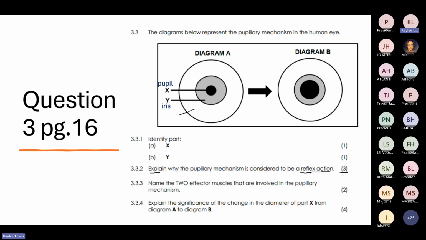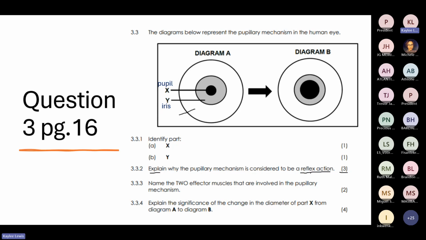So here you need to think, why is it a reflex action? Remember, a reflex action is a quick response to something. So think of you blinking, sneezing, your pupils dilate. And so it's a very fast response. And it's an involuntary response, meaning you don't have conscious control over it.